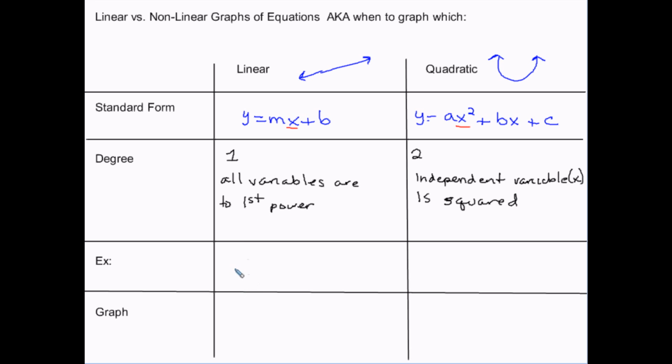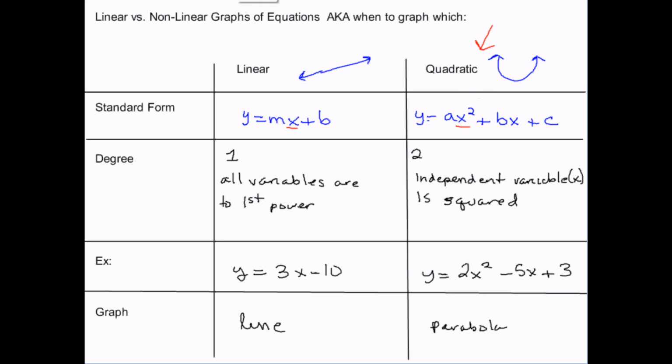Okay, so examples, you might have 3x minus 10, or maybe you have 2x squared minus 5x plus 3. Things like that. Our graph is a line, and here our graph is a parabola. Okay, when you see this square, that's when you do the quadratic, so you're graphing a parabola.